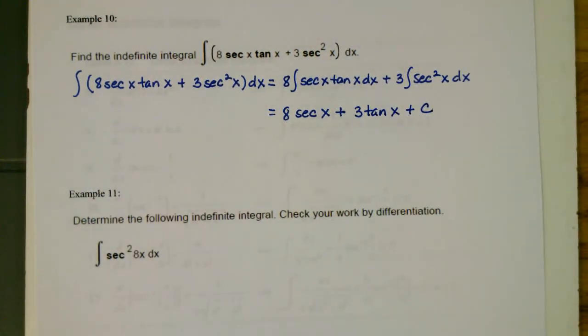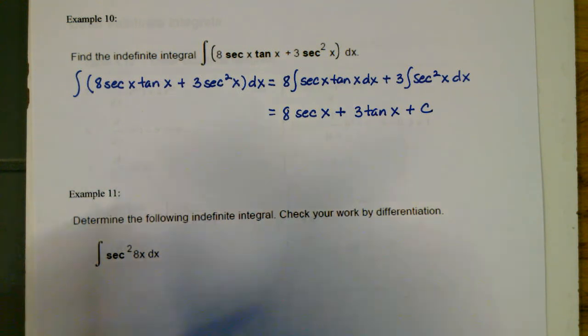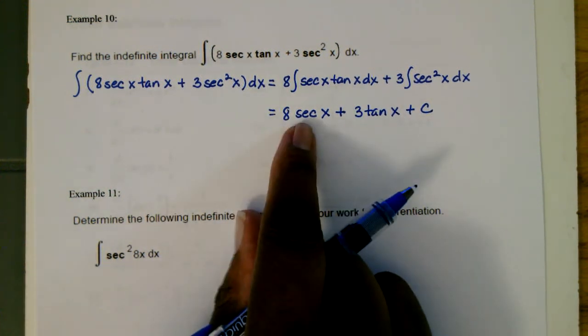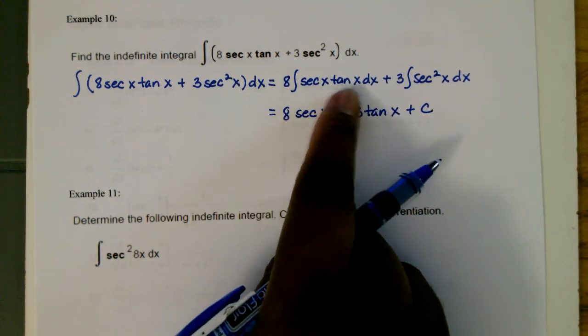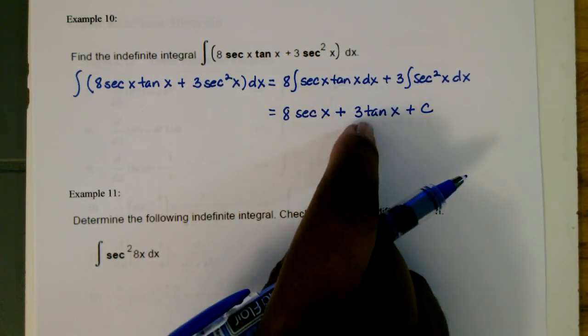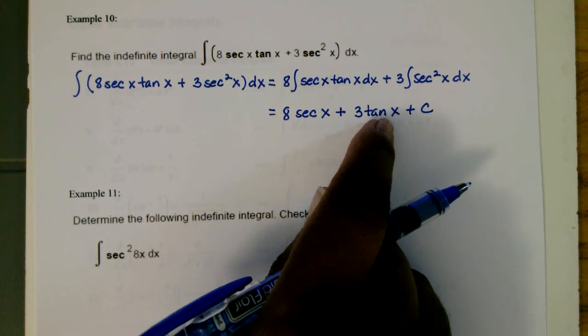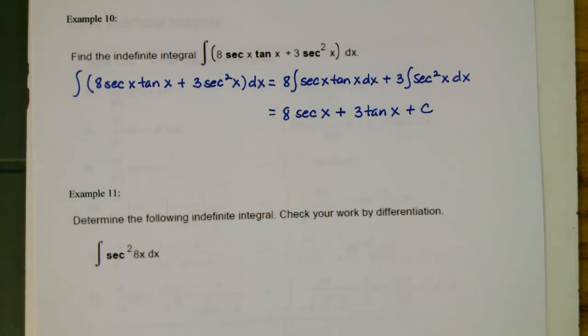And guess what? That's as far as I can go with that problem. So its integral will be 8 times secant x plus 3 times tangent x plus c. And you can check by taking the derivative here. Bring down the 8. The derivative of secant x would be secant x tangent of x. Bring down the 3. The derivative of the tangent of x will be secant square of x.